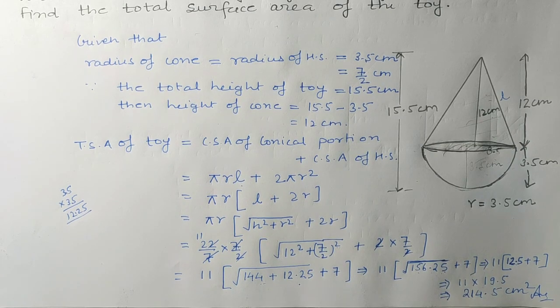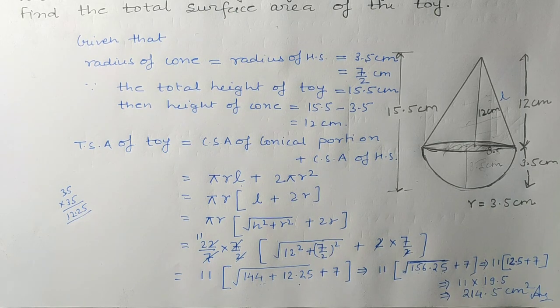Okay, so students, 3 questions we have solved of this exercise, and the rest we will solve in the next part of the video, that is in part 3rd. So just revise all the formulas and all these 3 questions, because the most important thing you have to understand is the concept.